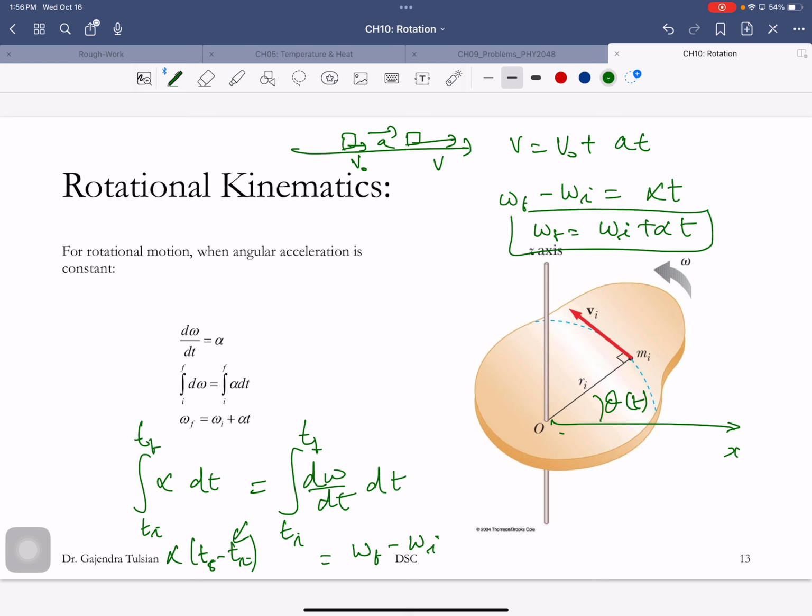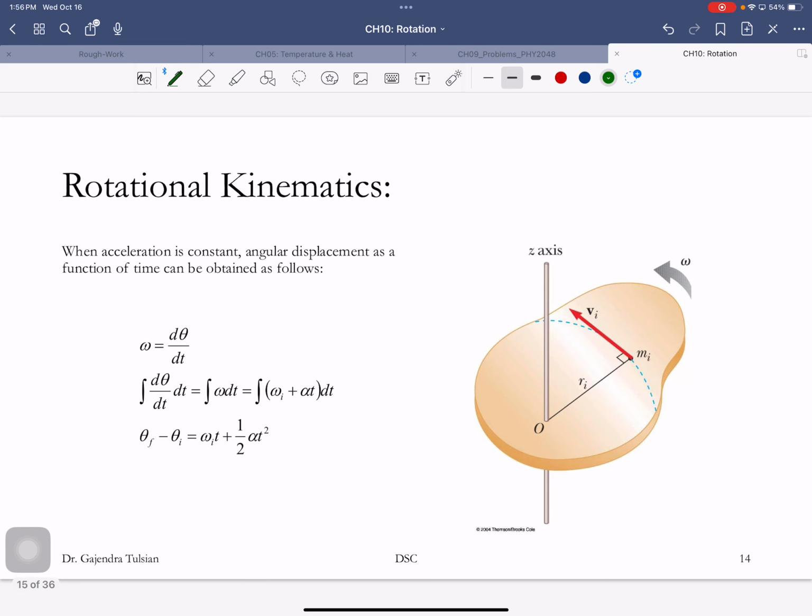So this is exactly similar to that equation. Similarly, you can do this with position as well. Omega is d theta by dt, so you can integrate both sides, and what you get is theta as a function of time.